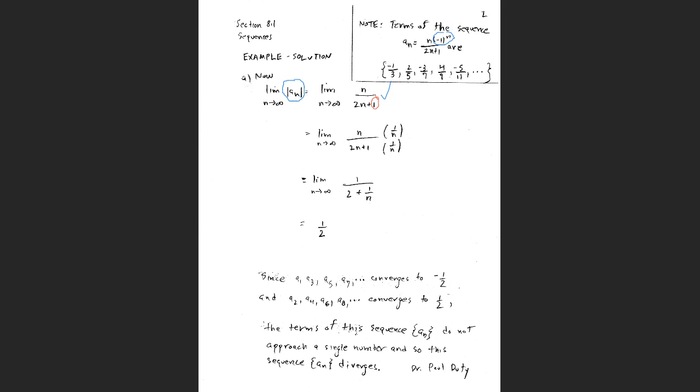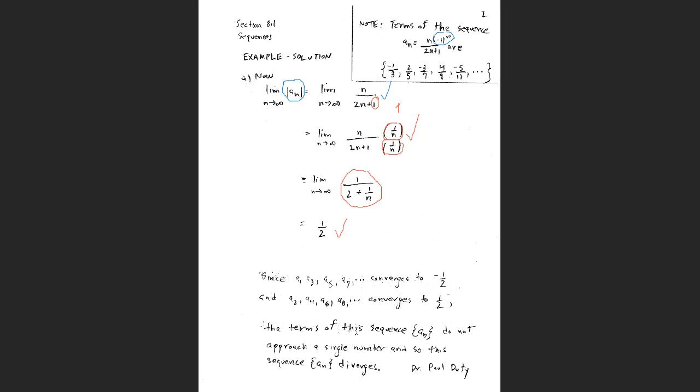But we can rewrite the sequence in a different form so you can see that clearly. I can multiply the term of the sequence by 1 over n divided by 1 over n, because that's just equal to 1, and rewrite the sequence as 1 over 2 plus 1 over n. Well, then the limit of the absolute value of the sequence would be a half. We graphically saw that a half was important.